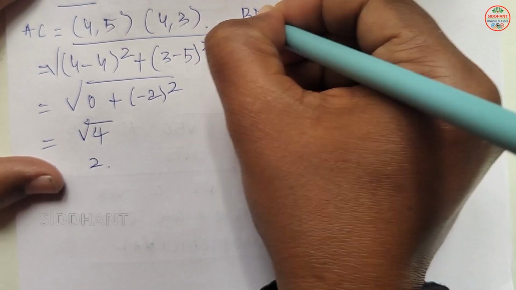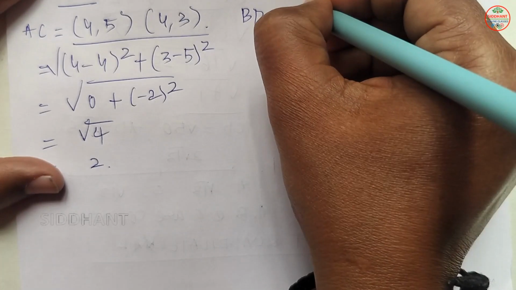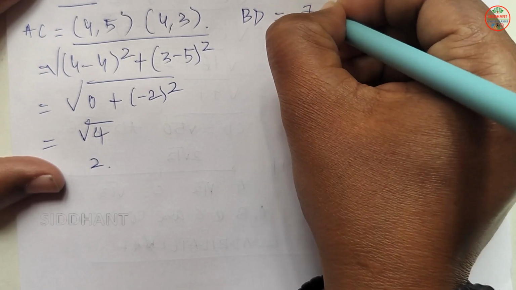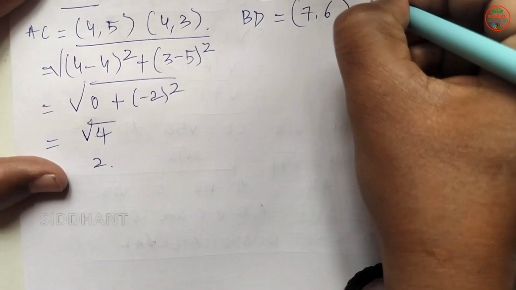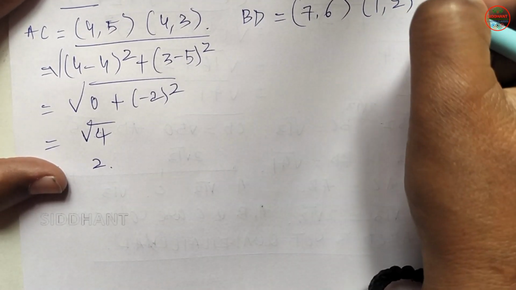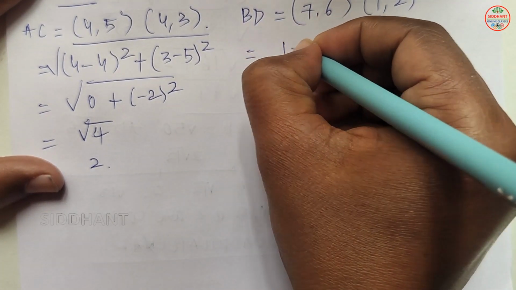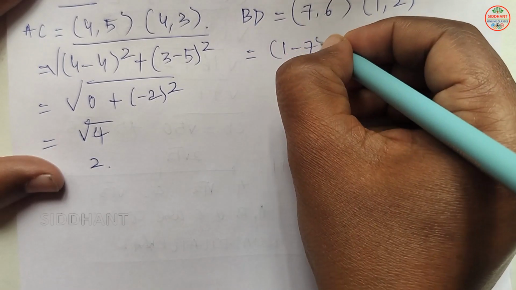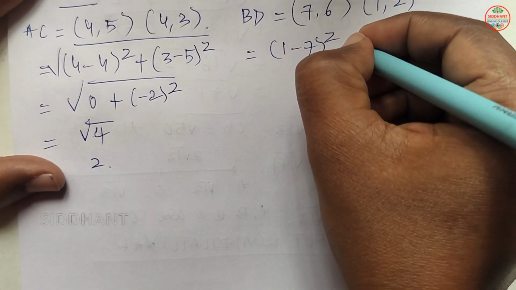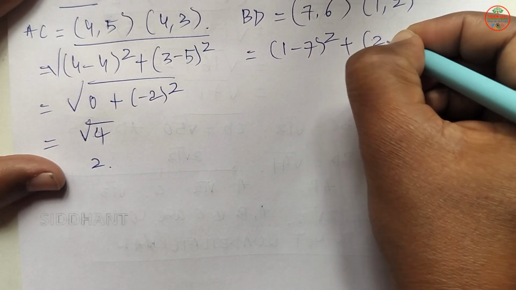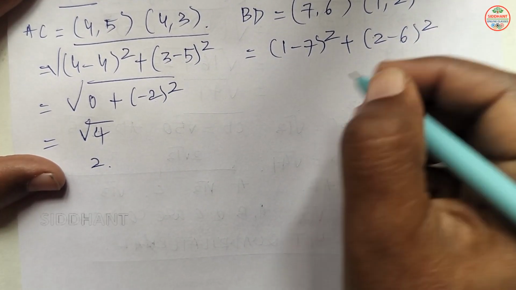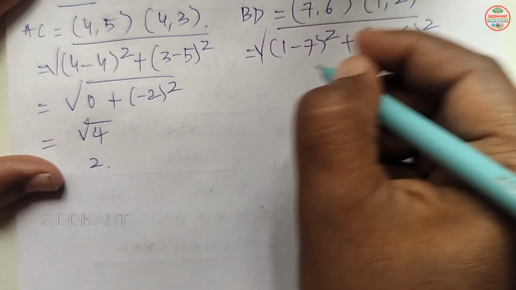Now BD we are going to see, which is 7 comma 6 and 1 comma 2. So that will be x2 minus x1, 1 minus 7, plus y2 minus y1, 2 minus 6.